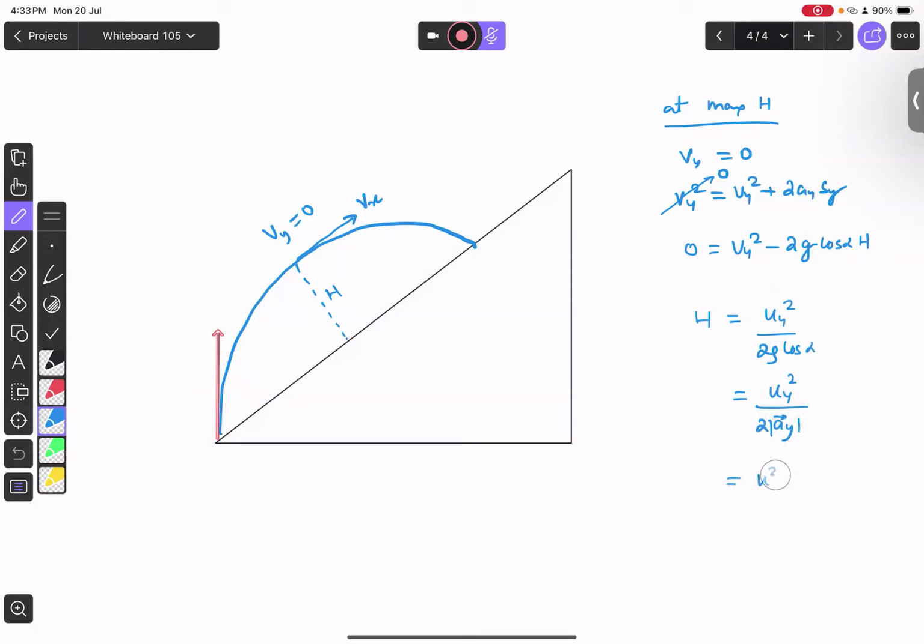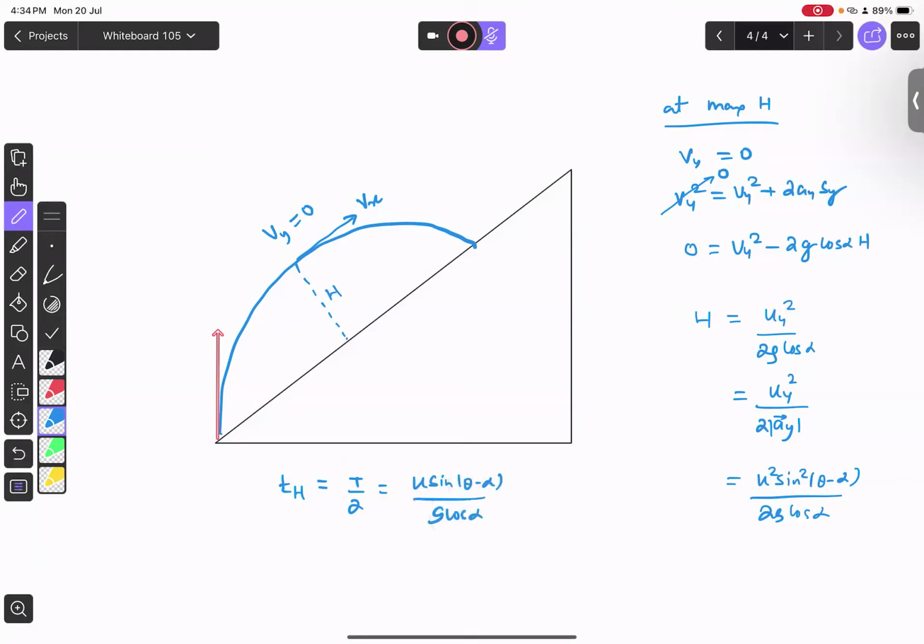That is u square sin square(theta minus alpha) by 2g cos alpha. The time to reach maximum height is half of the time of flight, and that will be u sin(theta minus alpha) by g cos alpha.